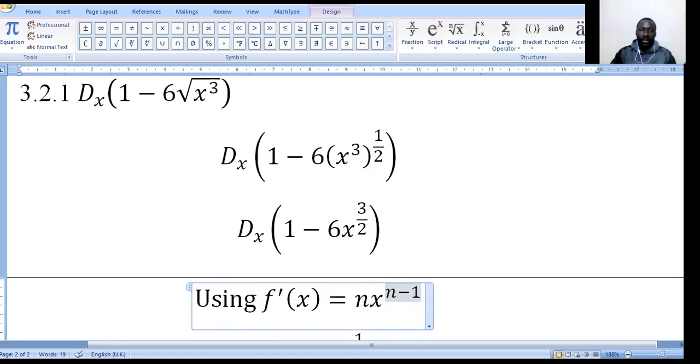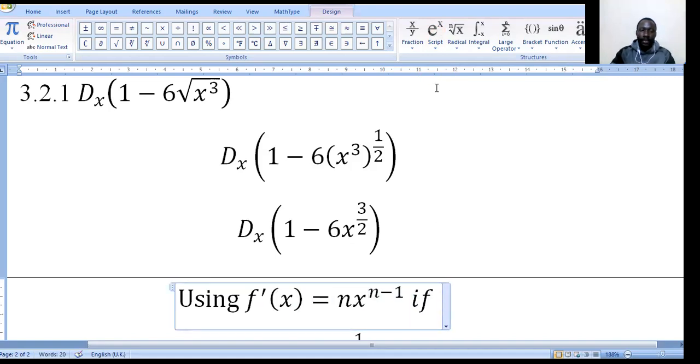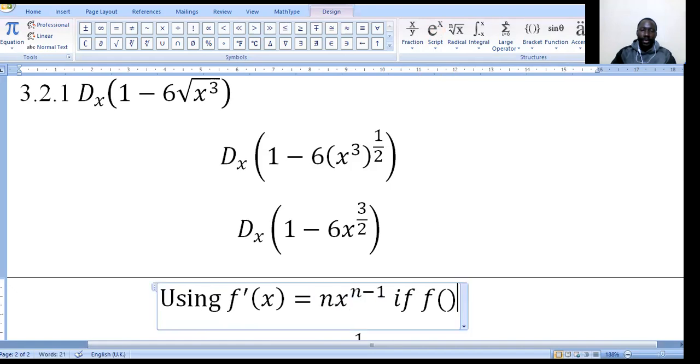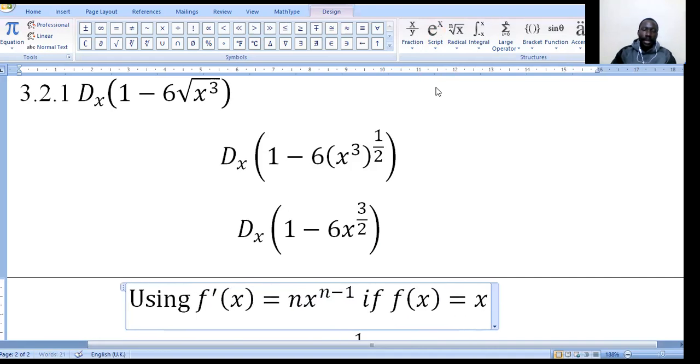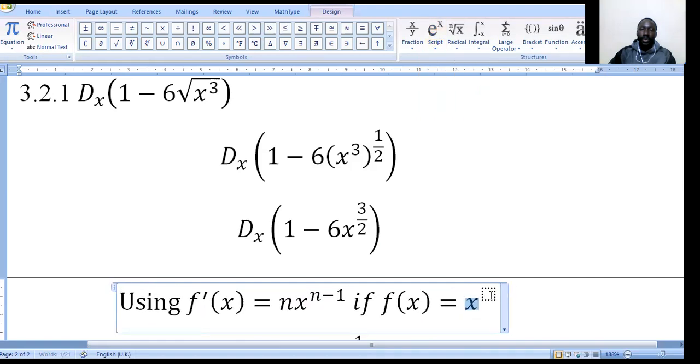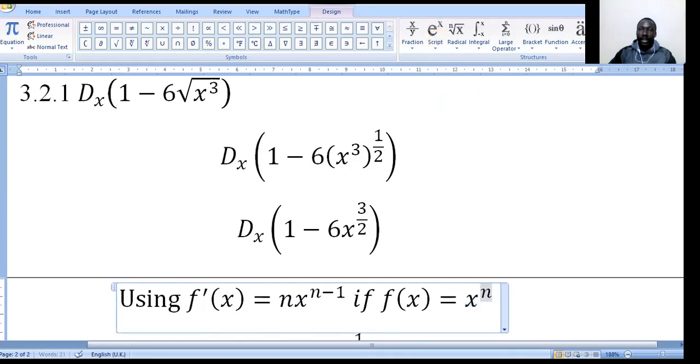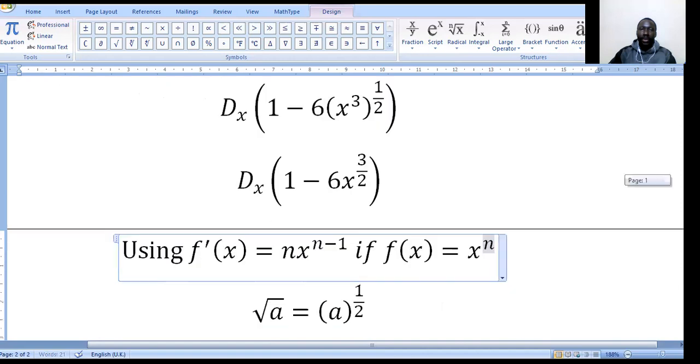This is the derivative if f of x is x raised to n. Like that, you see?